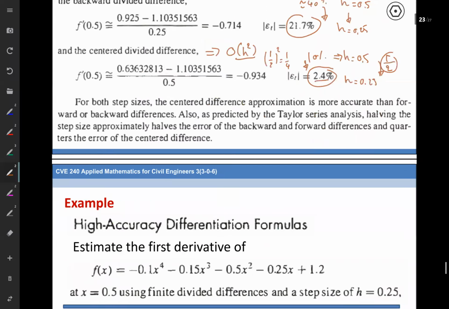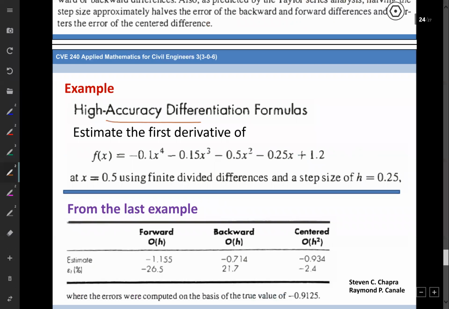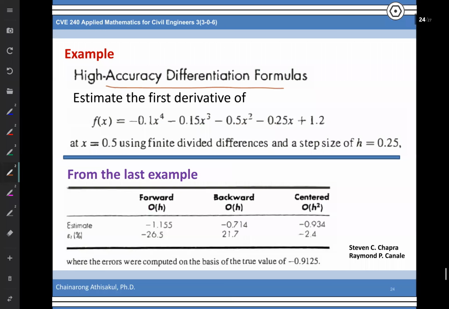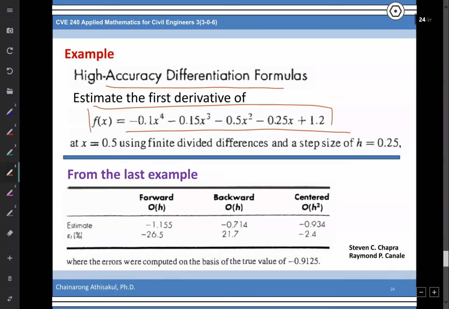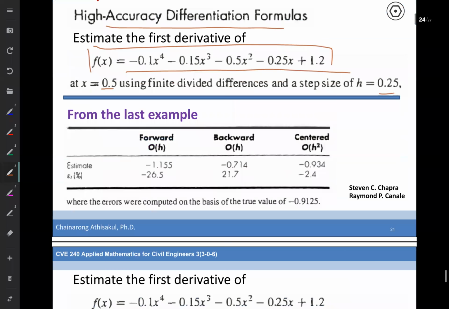Okay, so if we apply the high accuracy differentiation formula in the same manner, using the same function with h equal to 0.5 and also h equal to 0.25, and estimate by using the forward, backward, and central differences with the simple formula, we will obtain the result as shown in this table.